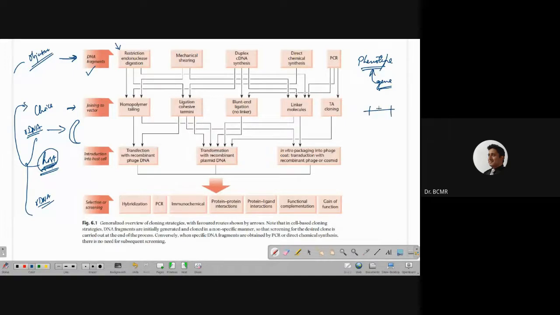Maybe if we are lucky, and if there are some unique restriction sites that would not cut the gene of interest, then probably we will be able to clone it. But it's not always. It is a matter of luck, a chance that it might happen, and it's still a little difficult. How else can you do it? Another way is mechanical shearing.